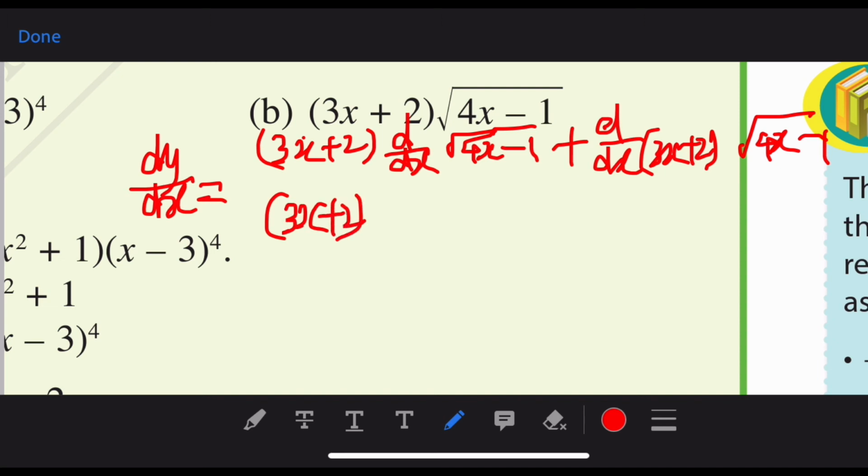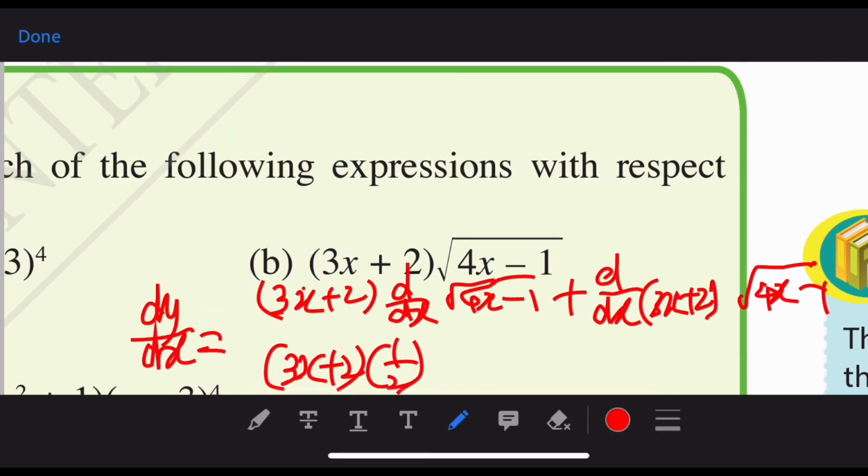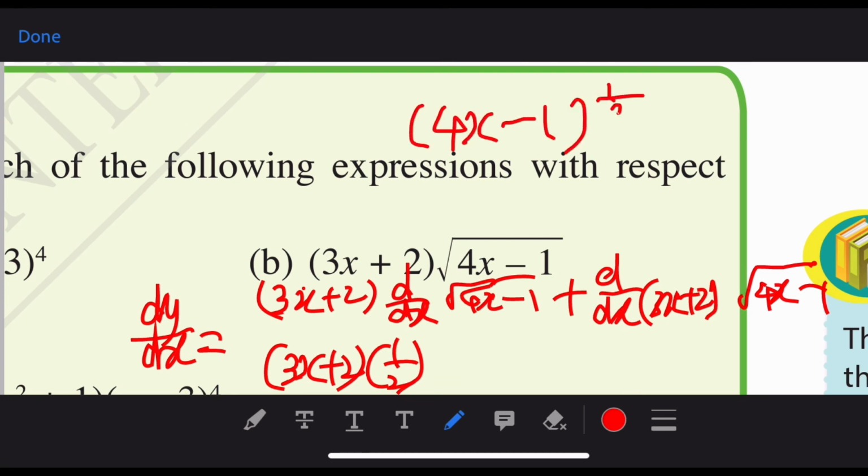How to differentiate this? I need to have the power half. 4x minus 1 square root is power half. So you bring the power down: 1 over 2, 4x minus 1 to the power of minus half, because 1 over 2 minus 1 is minus half, then times 4.